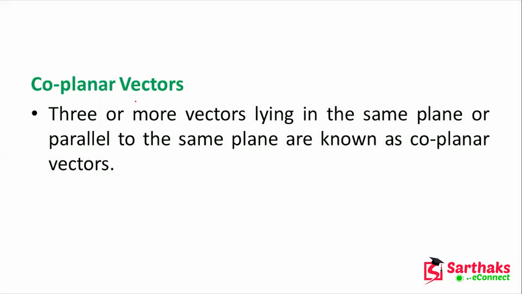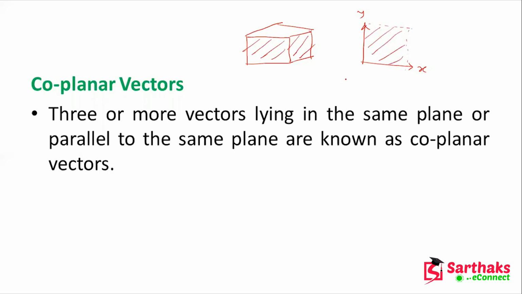Next is the coplanar vectors. Now, if I draw the plane, roughly I am drawing this. So this is a plane, and this is another plane. If I draw X here and Y here, this one is my XY plane, right?